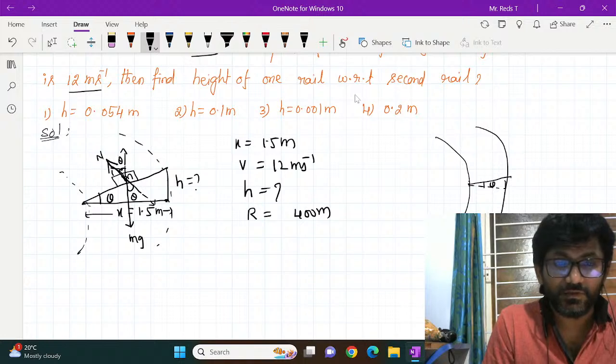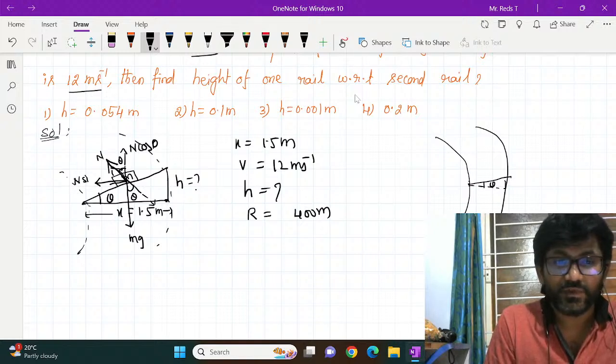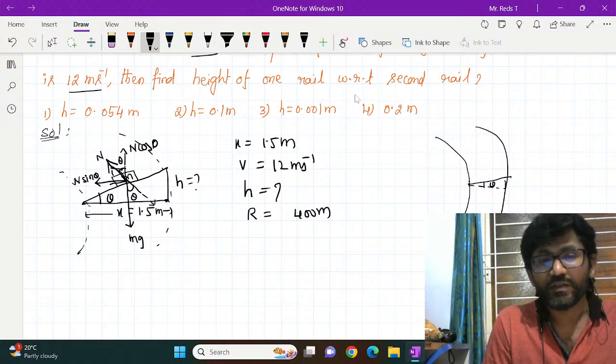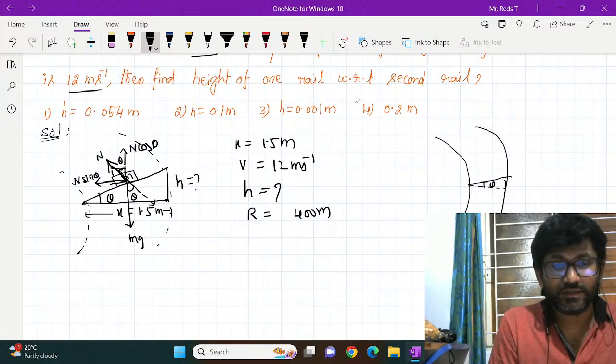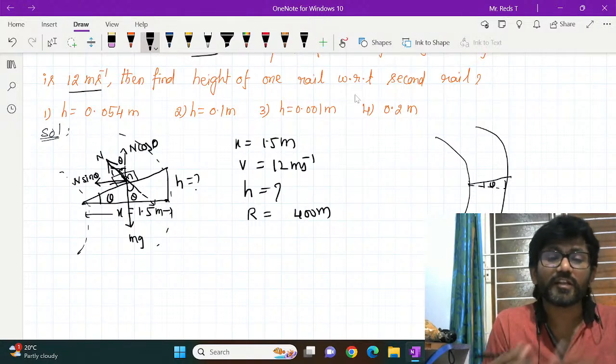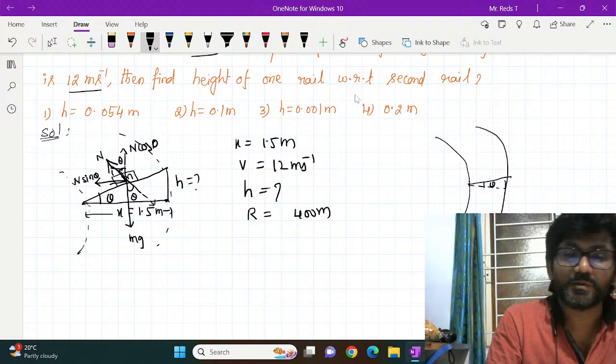If you resolve this N, you will get N cos theta here, and in the perpendicular direction, N sin theta. So N cos theta is balancing mg, and N sin theta provides the required centripetal force, if you remember the concept properly.